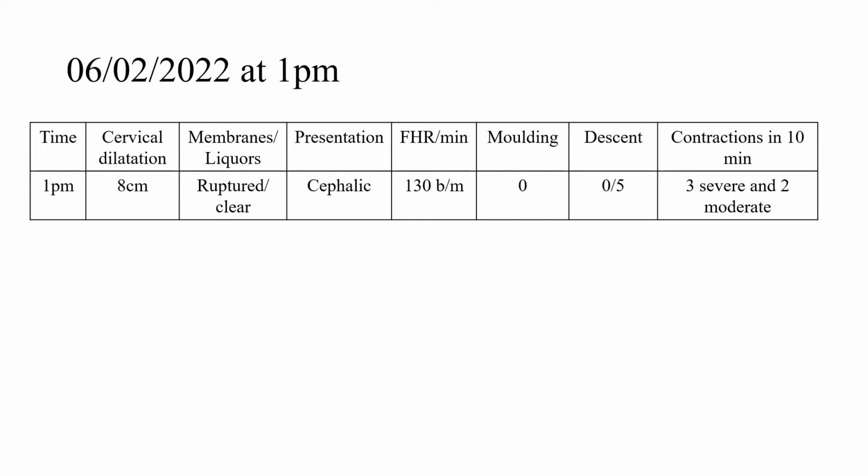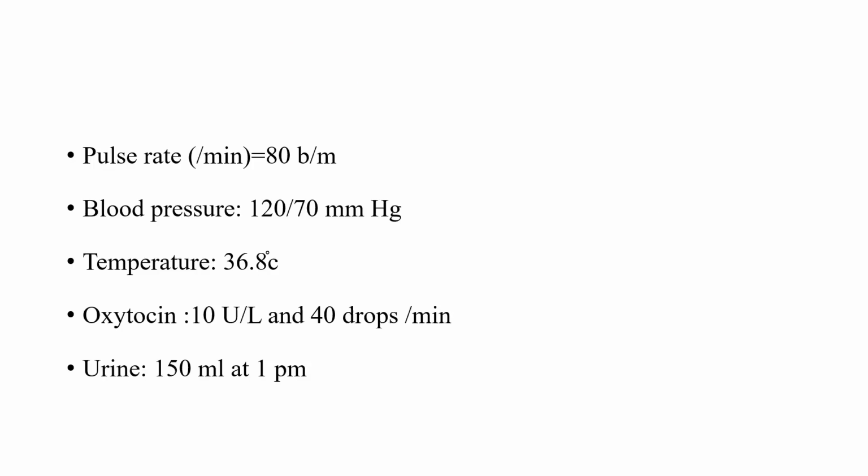You have seen that I have recorded the partograph, and the information was taken from a vaginal examination which was done at 9 am, and another vaginal examination is done at 1 pm. Between the first and second vaginal examination there is a 4-hour interval. The information is: cervical dilatation is 8 cm, membrane is ruptured, liquor is clear, presentation is cephalic, fetal heart rate is 130 beats per minute, there is no molding, descent is 0/5, contractions in 10 minutes are 3 severe contractions and 2 moderate contractions.